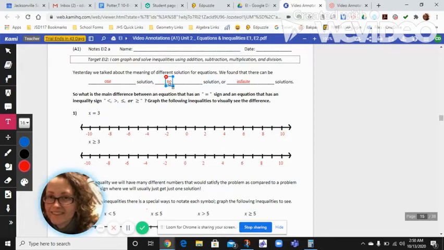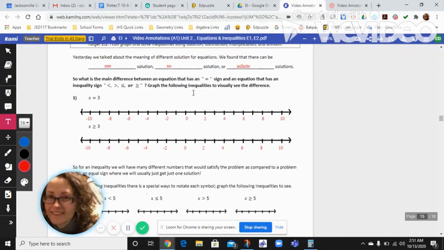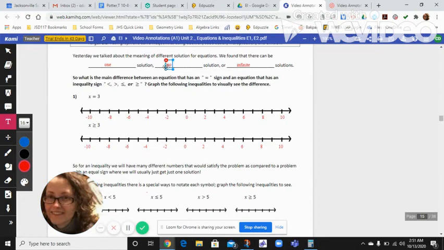We do have some that will have no solutions, not quite yet, but we will have some inequalities that just don't work. Or more often than not, our inequalities are going to have an infinite solution set. So let's go ahead and take a look at some examples here.